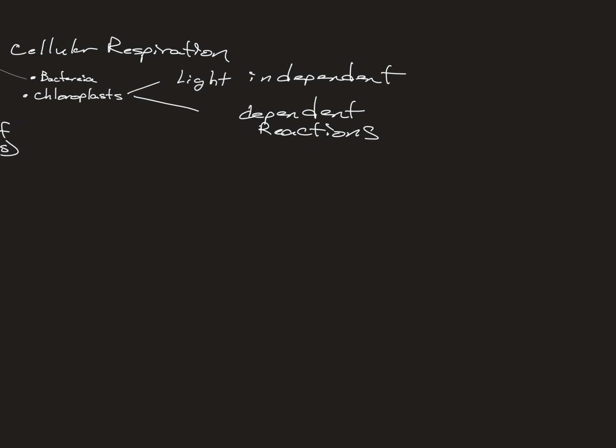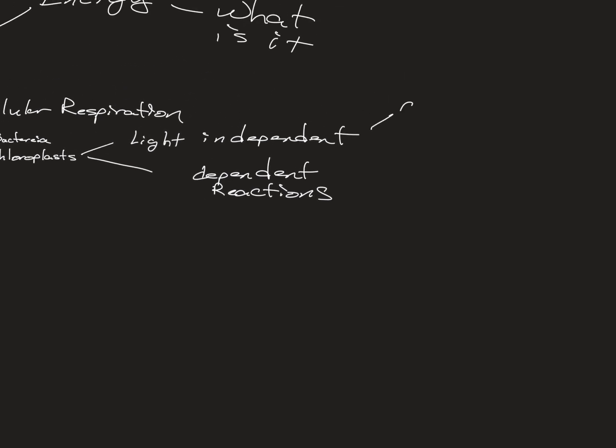We've talked about that the light independent is also known as the Calvin cycle. And that the Calvin cycle is where you make sugar.